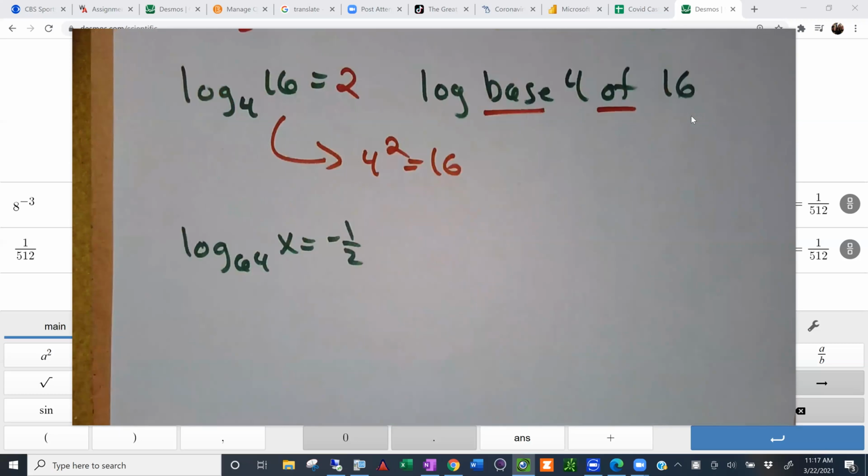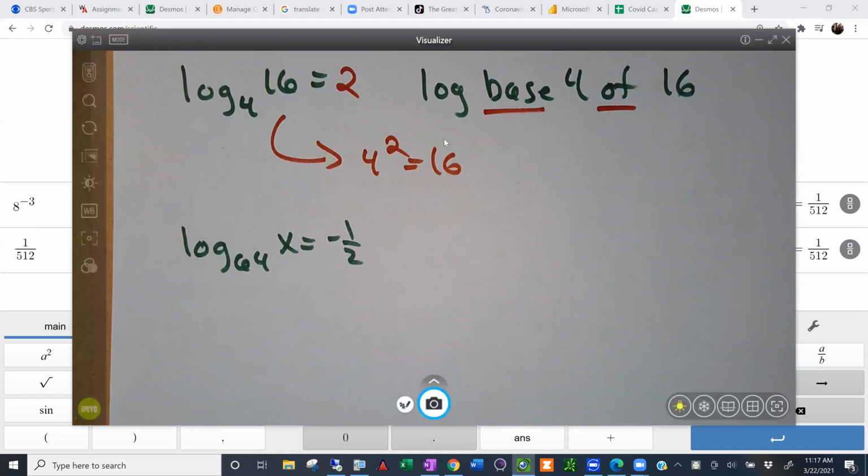The base, the power on the right side equals what's called the argument of the function, if you want a fancy term there. So what are you going to get?